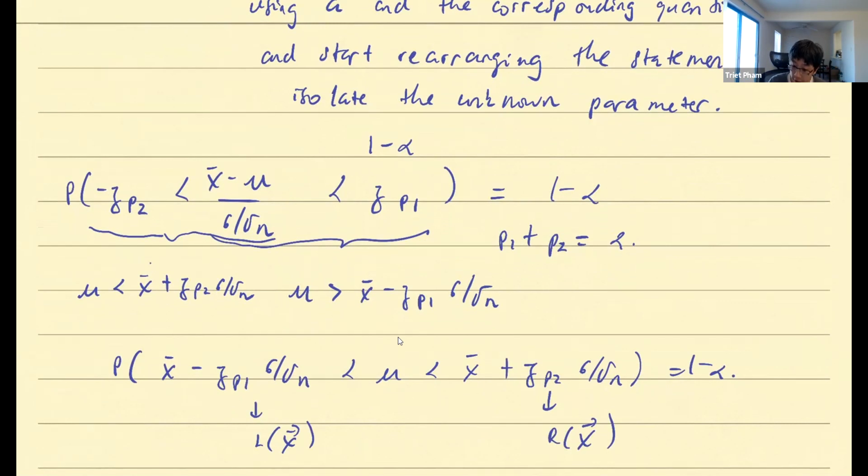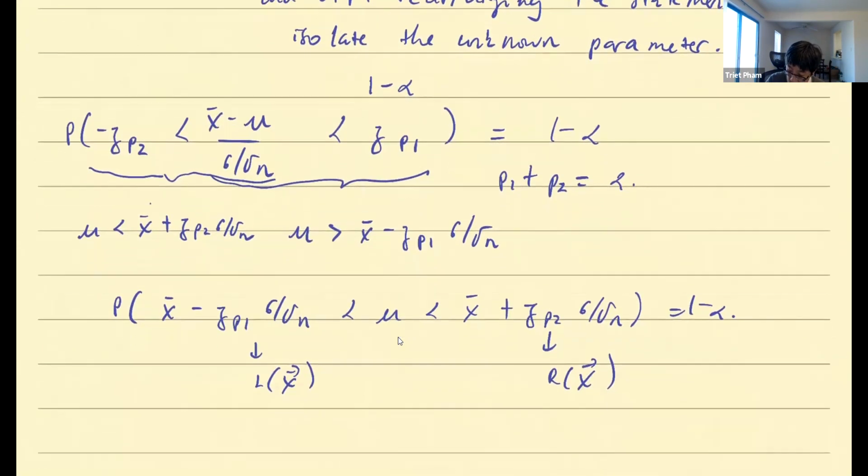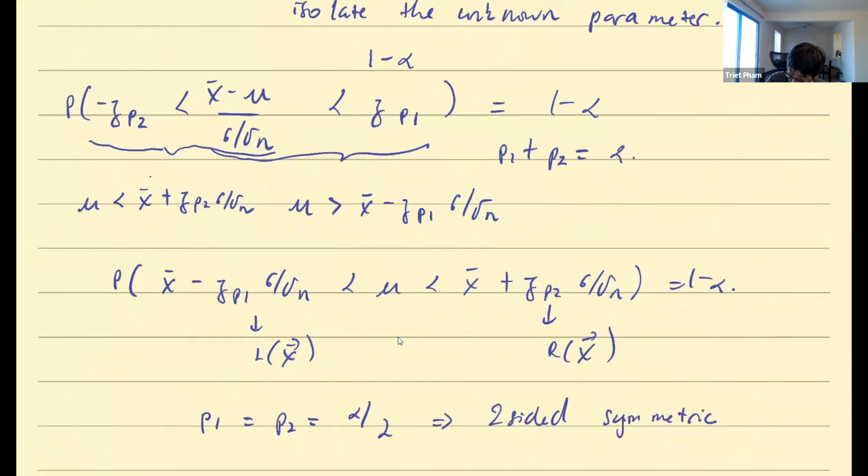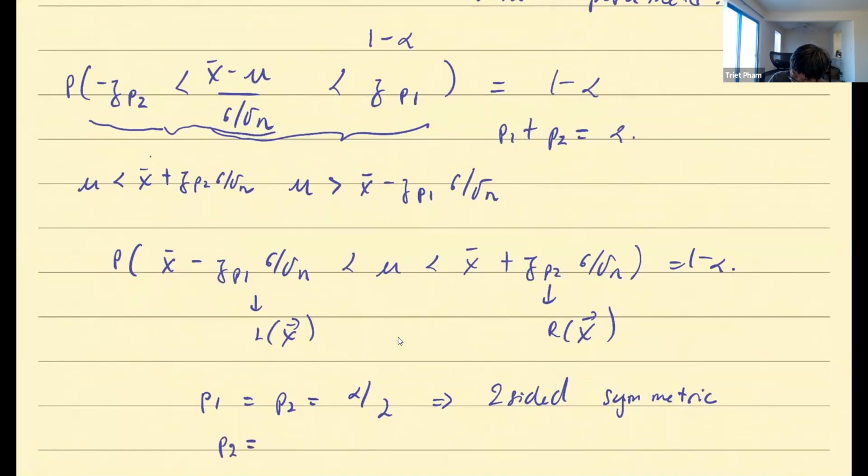And now you see the flexibility. Here you just form some kind of probabilistic statement. If you choose P1 equal to P2 equal to alpha over 2, then you get the two-sided symmetric interval. If you choose P2 equal to 0, then what's Z_{P2}?